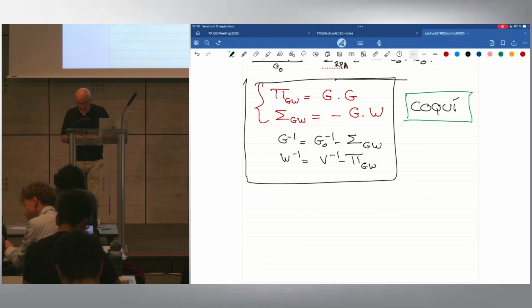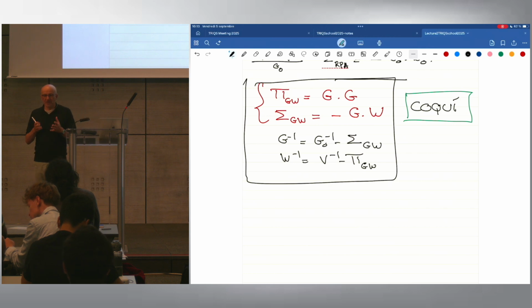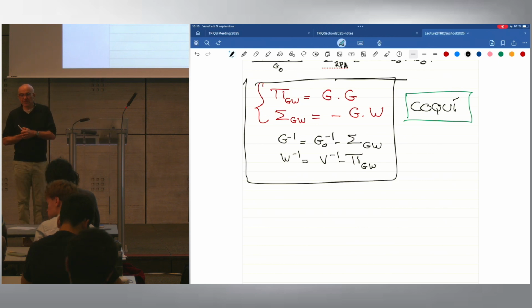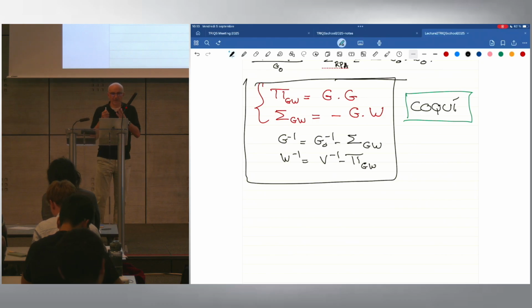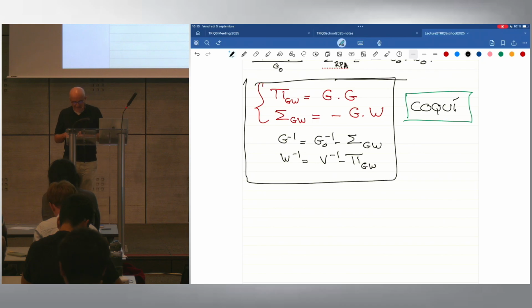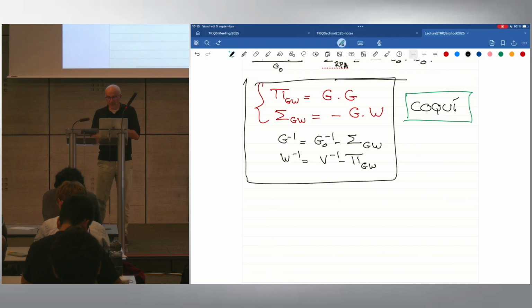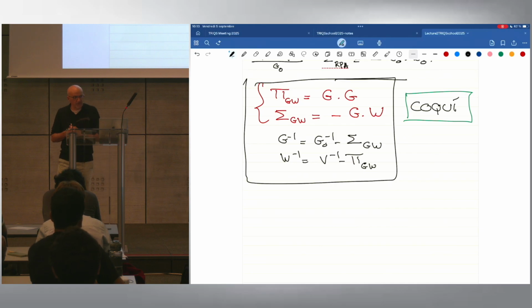Now, this is not necessarily perfect. In particular, nothing is telling you that by making this sort of diagrammatic approximation self-consistent, you do a great job or a better job than the bare perturbation theory. So self-consistent perturbation theory comes at your own risk, right? And there are documented examples in which, in fact, making perturbation theory self-consistent in this sense of dressing all the lines of G and W actually makes things worse from a spectroscopic point of view.